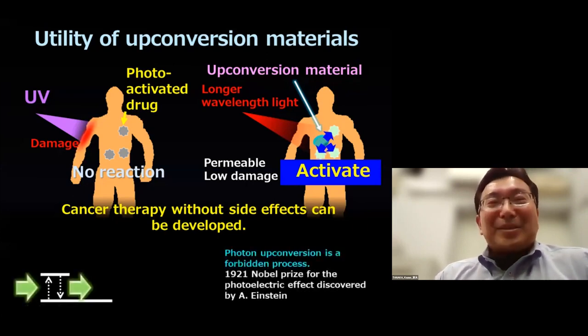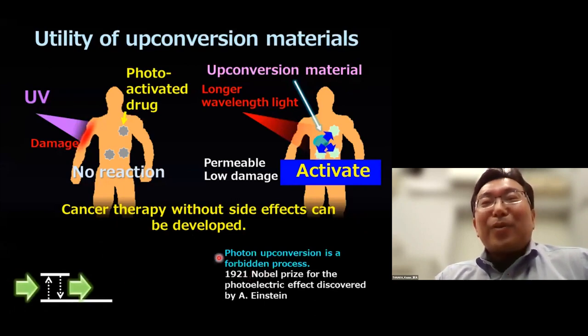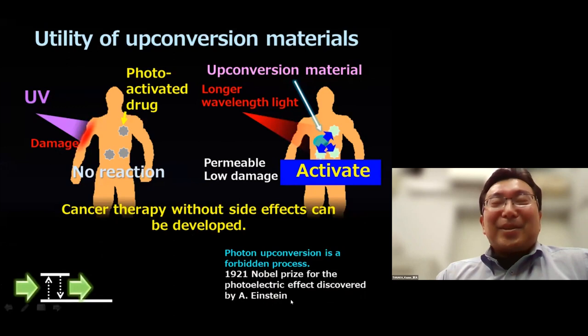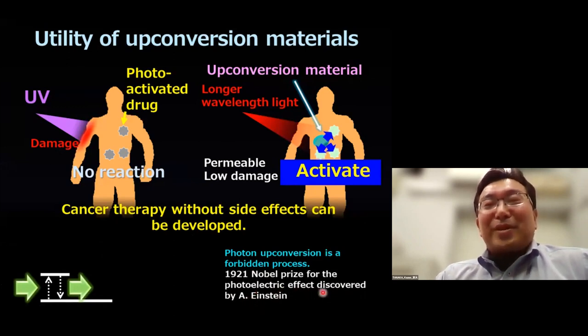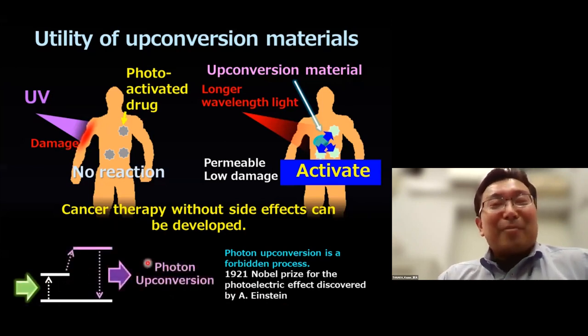And it is imaginary because, according to the photoelectric effect discovered by Albert Einstein, for which Einstein won the Nobel Prize in 1921, he proved that an up conversion system should be forbidden.